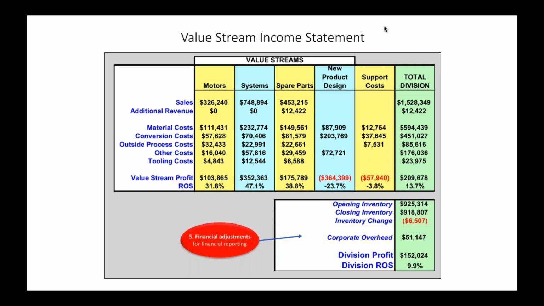This company also has a corporate overhead allocation system where they charge this division $51,000. So you get to a divisional profit of $152,000. However, this bottom section is not the responsibility of operations. It's just more informational to say, well, how did we get from a $209,000 operating profit to a reported profit of $152,000?